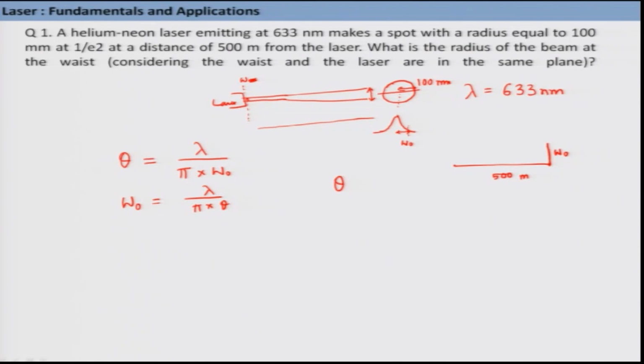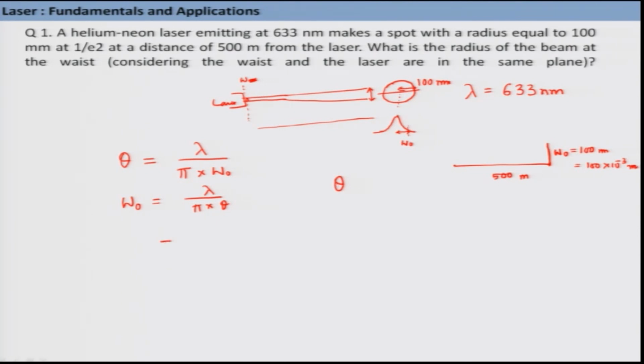So essentially this omega here is 100 millimeter. 100 millimeter means 100 into 10 power minus 3 meter, and this is 500 meter. So what will be my theta in radian?